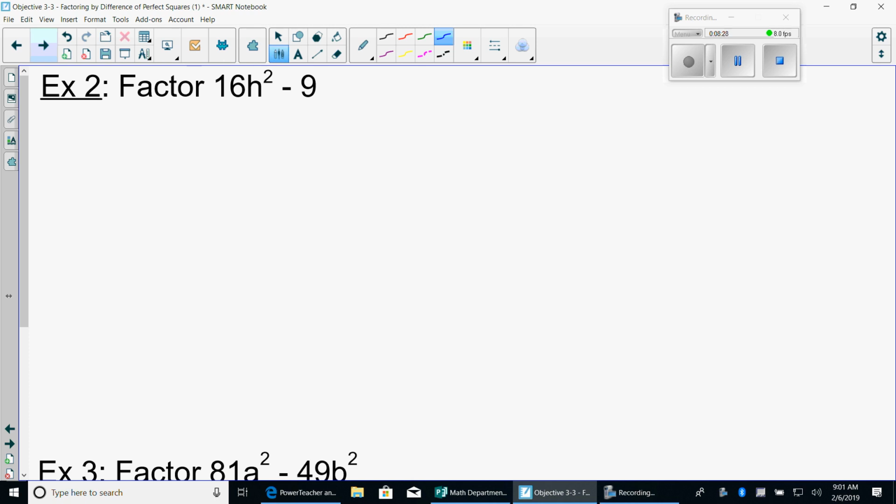What is it? 4h times 4h. Is 9 perfect? What times what? 3 times 3. So is this a difference of two perfect squares? Yes. That's why we call it that. So see what you can do with it.